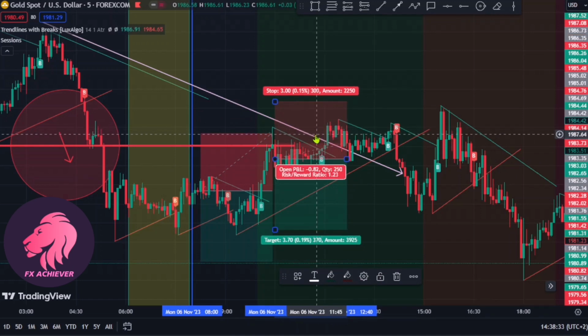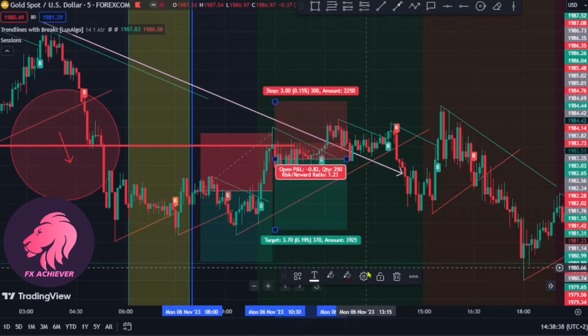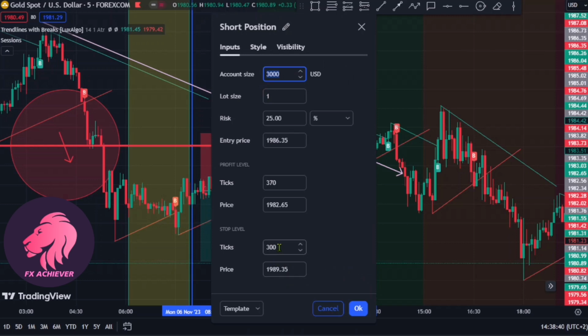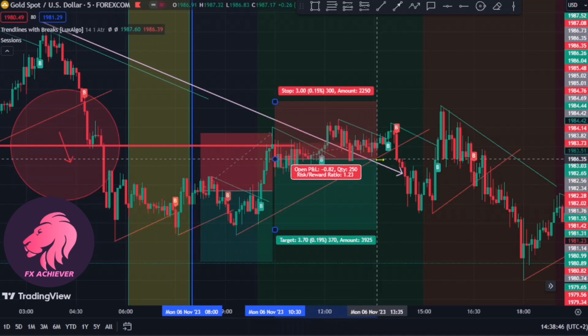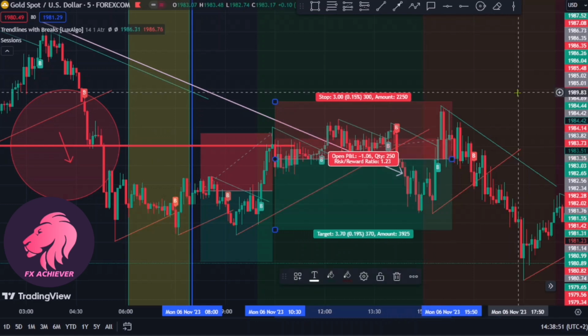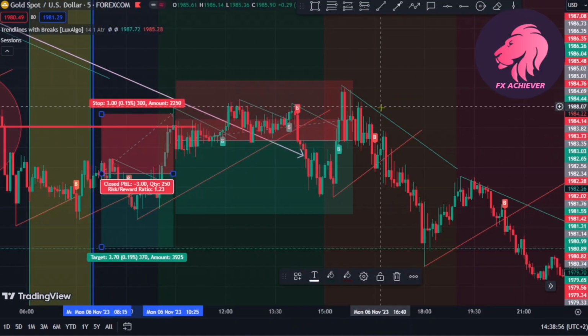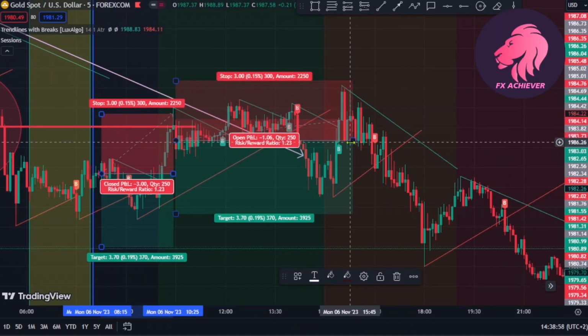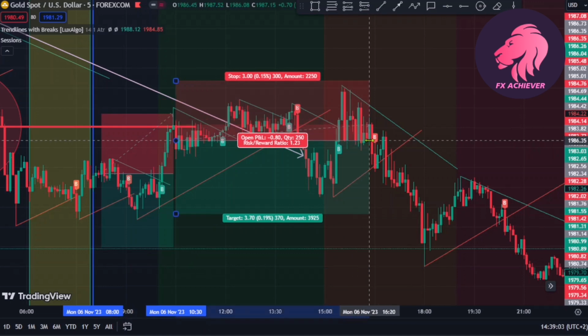But after the closure of the red candlestick, I place another trade, and I stick to the same risk to reward ratio, 300 to 370, in order to be consistent, because this is a strategy which requires consistency, and if you can stick to it, you can make all of your losses back without using emotions. This strategy actually assists you in not using emotions.